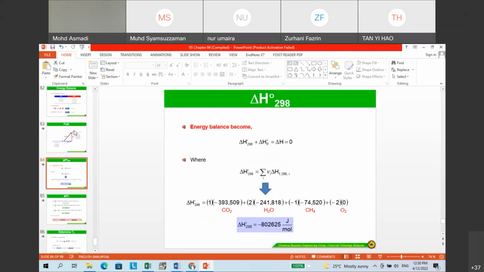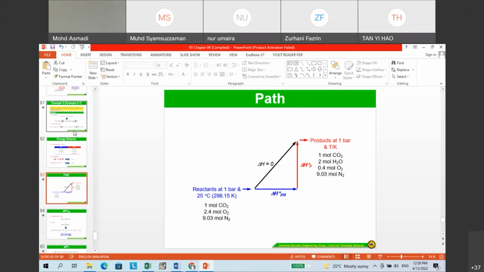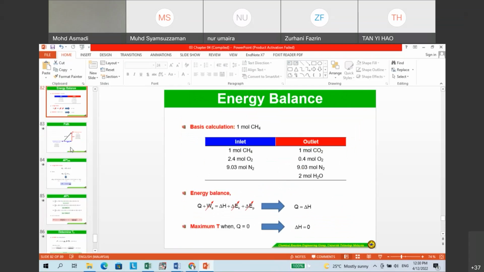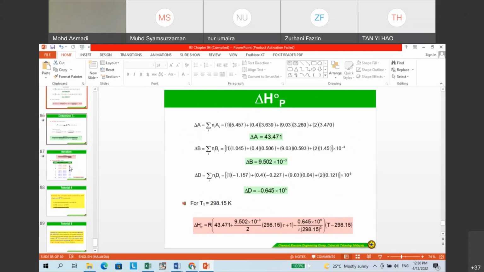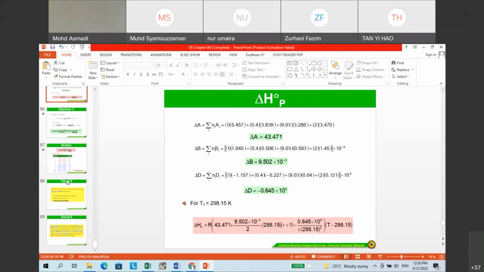For the test or final, it is going to be like this one. It's a combination of sensible heat, latent heat, and heat of reaction. Heat of reaction includes the heat of combustion, similar, but using heat of formation. And then this is a calculation of enthalpy, but for the next topics, you have to calculate also delta G and delta S, the entropy.